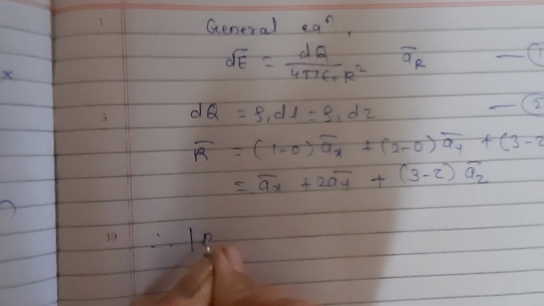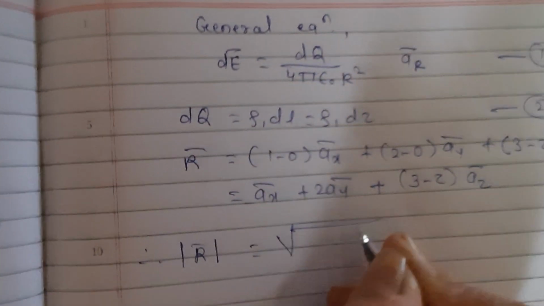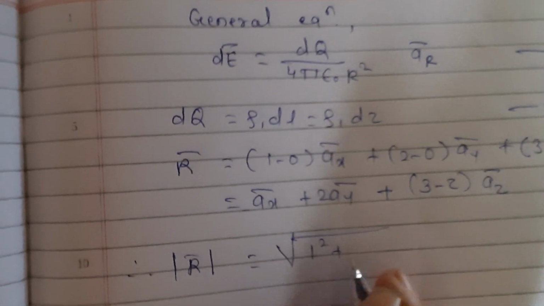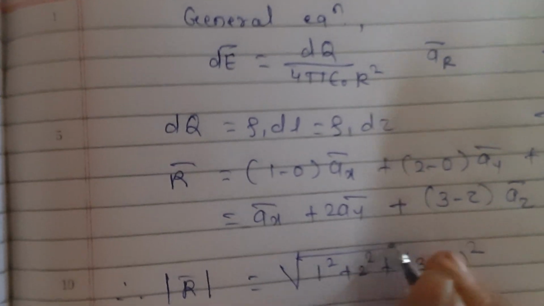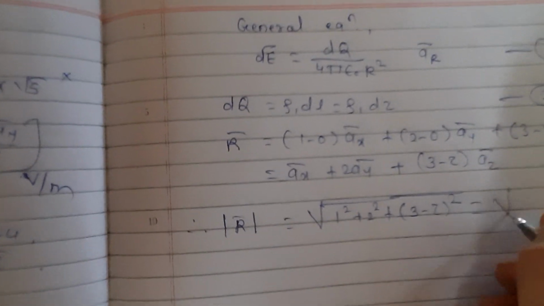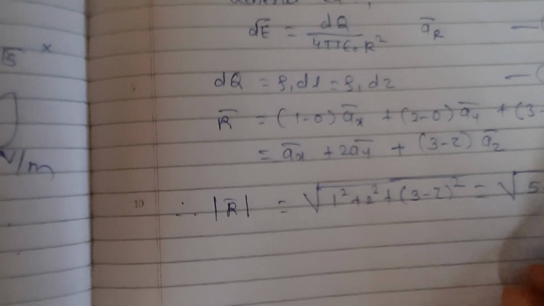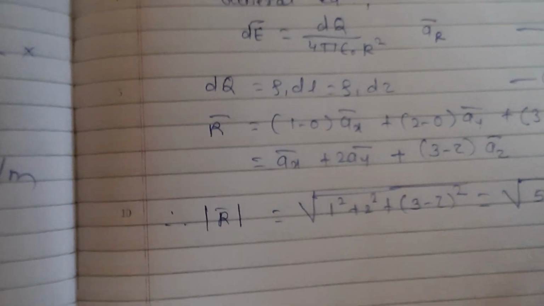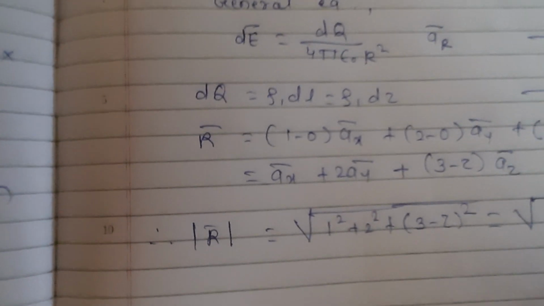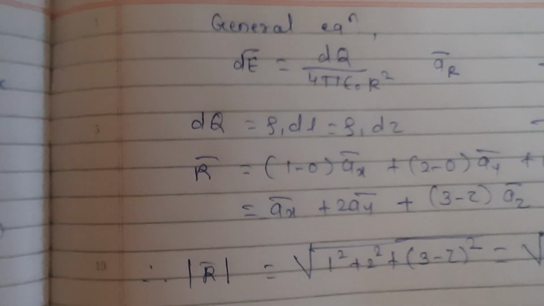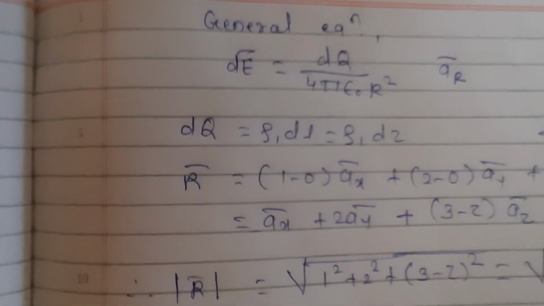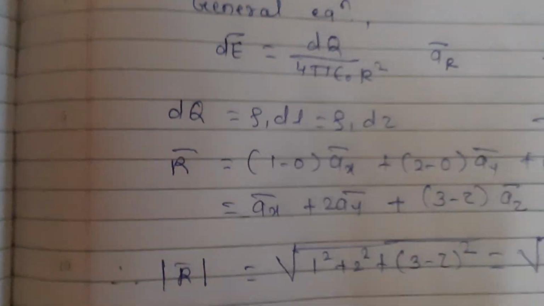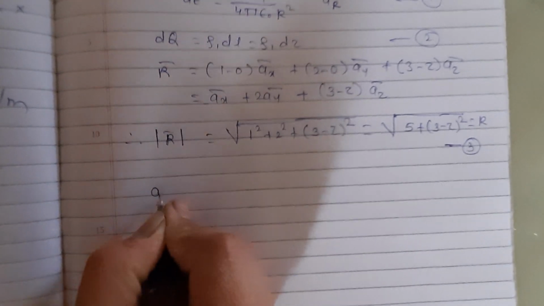Now r is the square root of 1 square plus 2 square plus (3 minus z) square. So it will be 5 plus (3 minus z) square, which is nothing but r. This is equation 3. So we can find the AR bar.